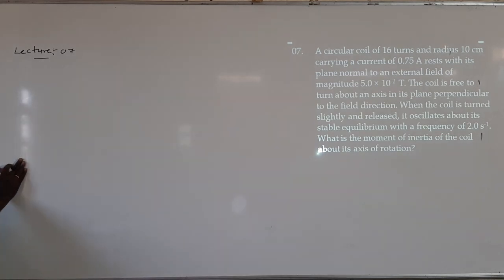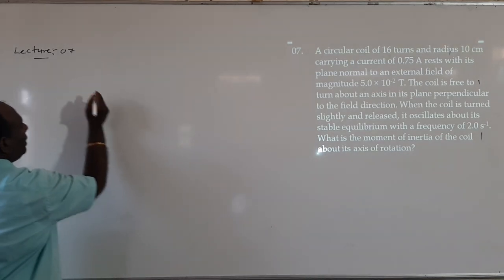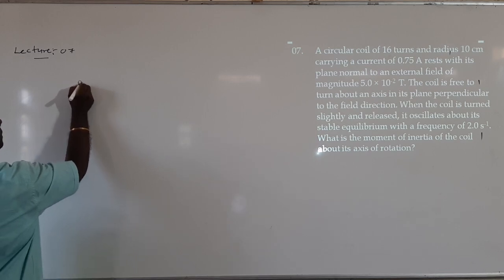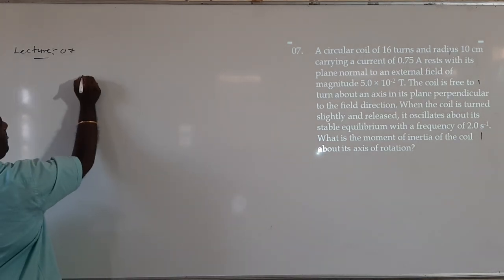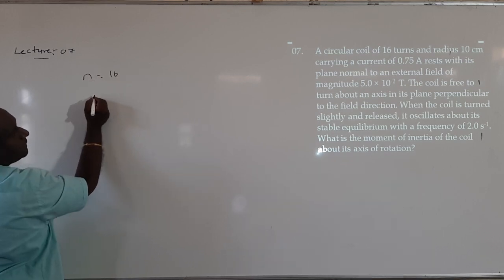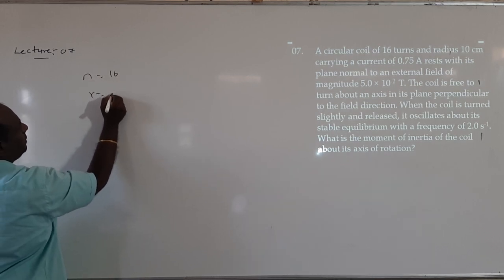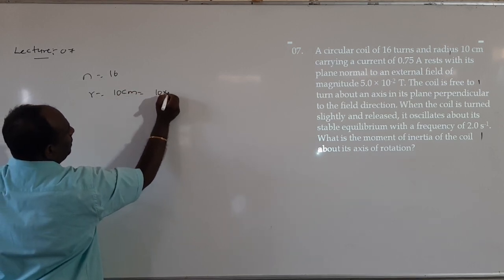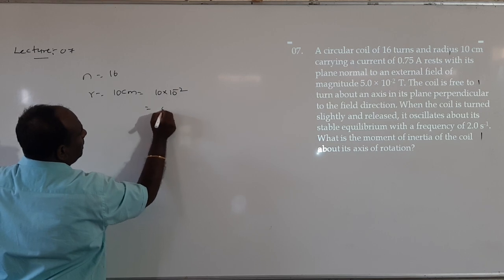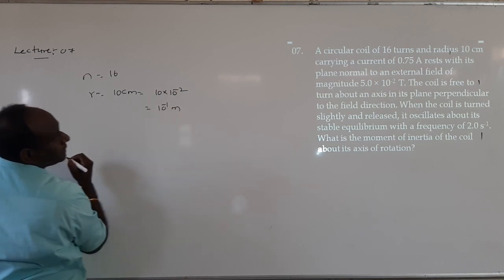Now, I am going to write the given data. Circular coil, number of turns N equal to 16 turns and the radius R equal to 10 centimeters, that is 10 into 10 power minus 2, that means 10 power minus 1 meters.